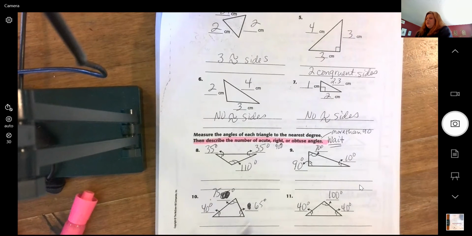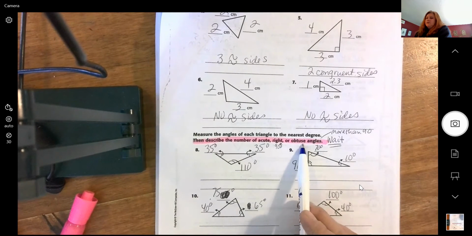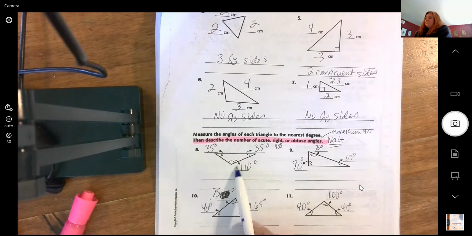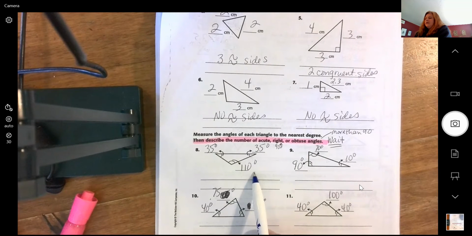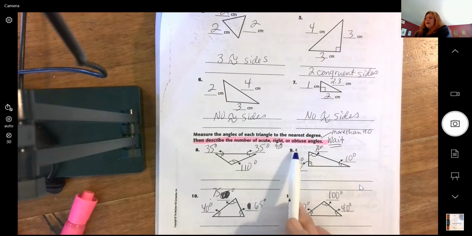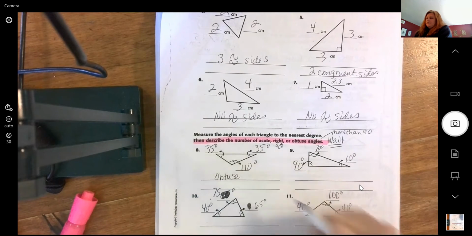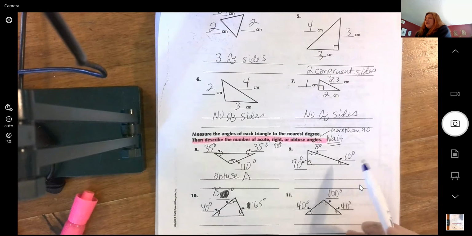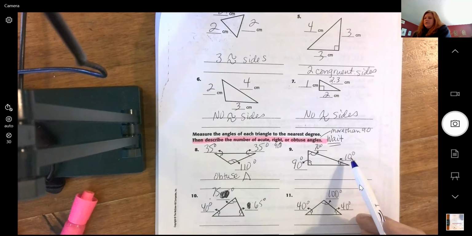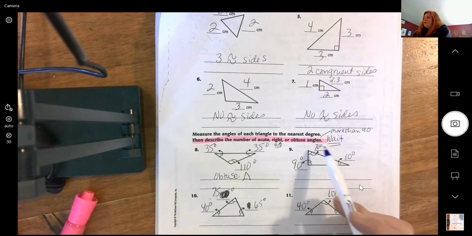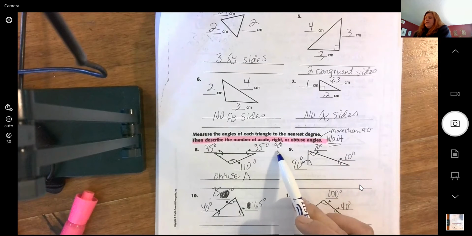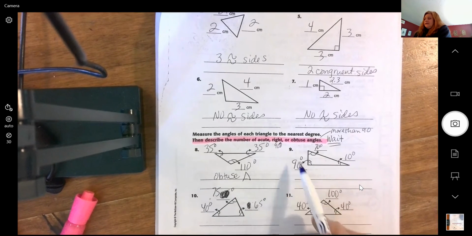So on this one, easiest to start over here. Does it have one angle that is more than 90 degrees? Yes. So we would call it obtuse. Does it have one angle that's more than 90 degrees? No. Does it have one angle that's 90 degrees?